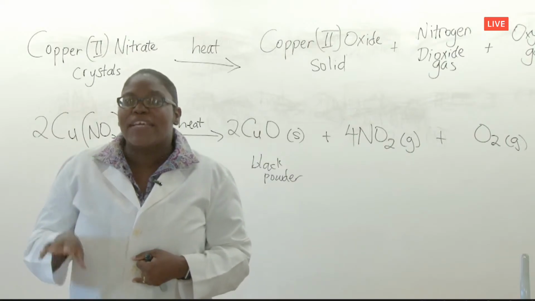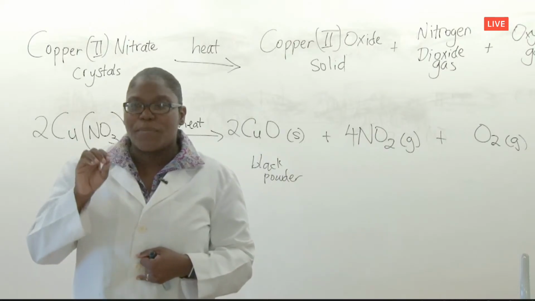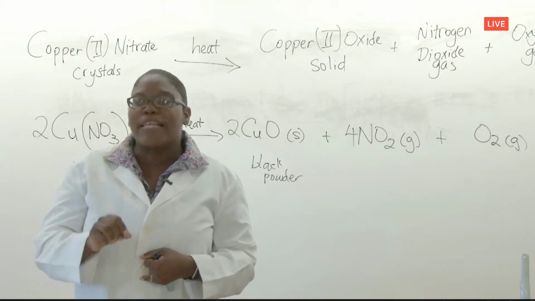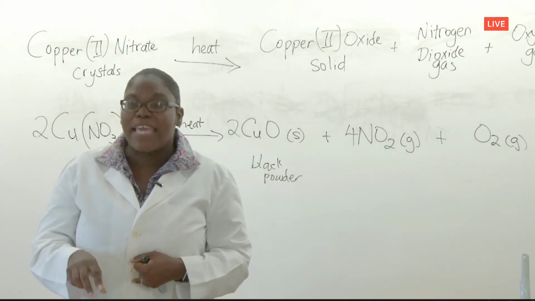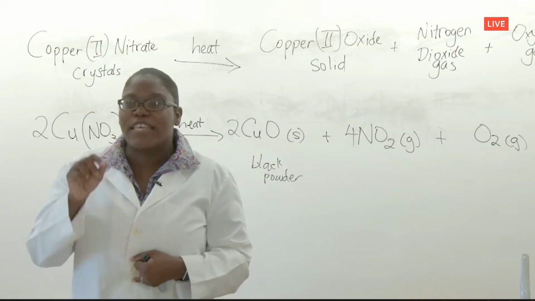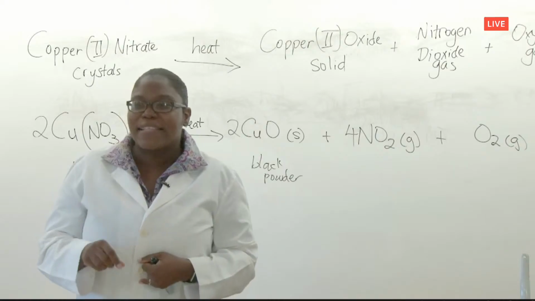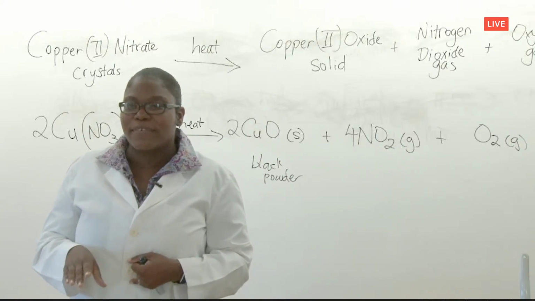And finally, you are going to balance the equation. Remember, you can only place a whole number in front of the chemical formulae. That's the only place you can place the whole number.